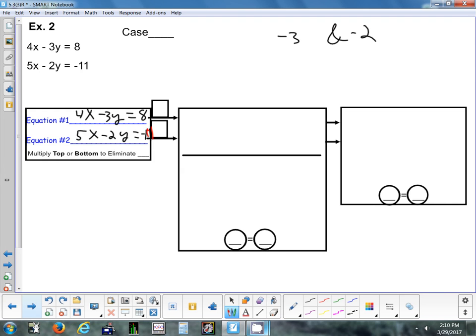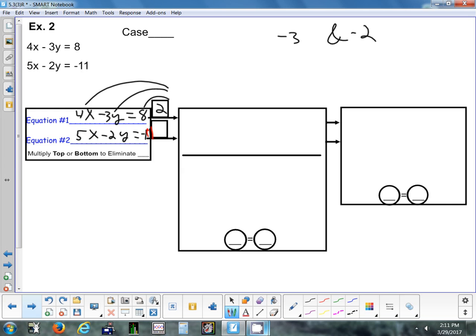Well, what are we trying to make this number in front of y right now? 6 or what else? Or negative 6. You have a choice. Once you pick, then the second one, you don't have a choice. So do you want to make this top y a 6 or a negative 6? All right, so what would you multiply it by to make it a negative 6? 2. Okay, so we're going to multiply 2 to everything.